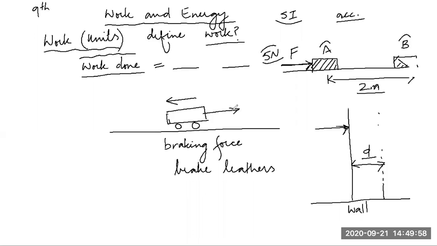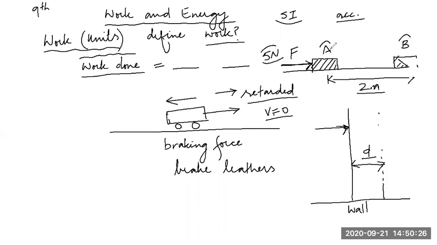So what happens here? The body is getting retarded, and eventually it stops. Its velocity becomes equal to 0. It comes to rest. So either the force is accelerating something, or the force is retarding something.